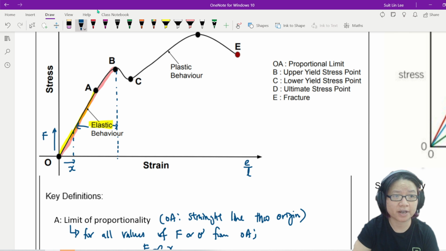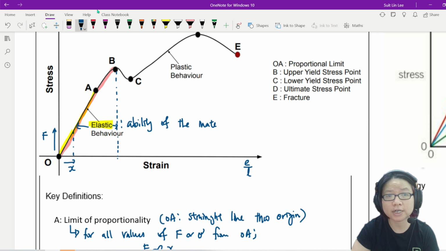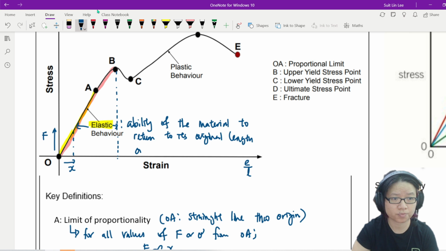We'll define elastic as the ability of the material to return to its original length once force is removed, or stress is removed.